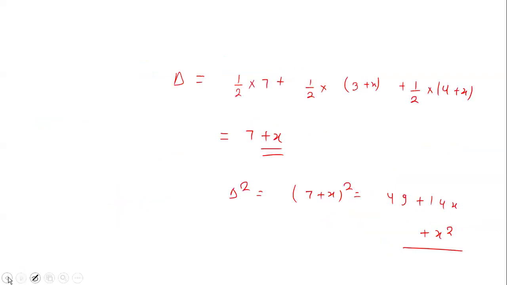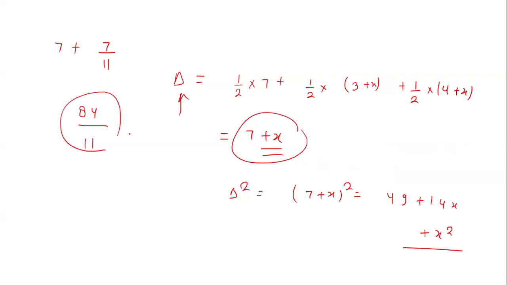Now we have to calculate the area of triangle ABC, which is equal to 7 plus x. Putting x as 7 by 11, it will come like 84 by 11. So the area of triangle ABC is 84 by 11 centimeter square.